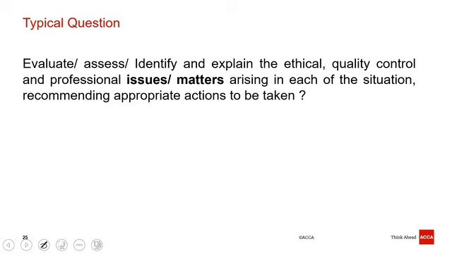But where students generally lack is identifying quality control, or broadly the professional issues. A lot of students have a very unclear definition of what a professional issue is, and do not identify a professional issue when they are reading the case study.